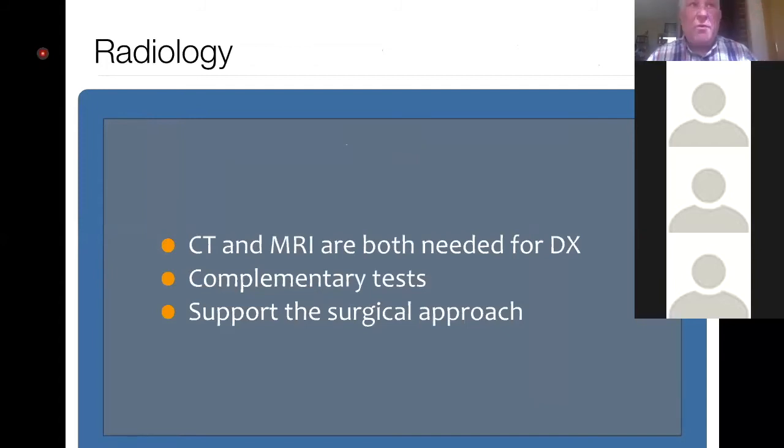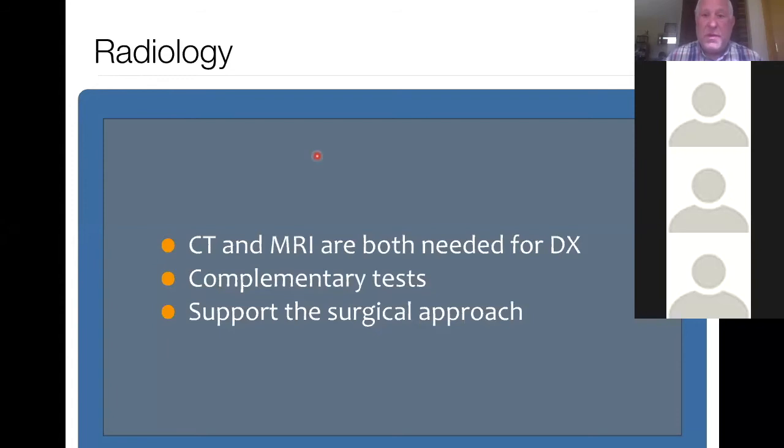Radiology. Well, the CT scan and the MRI are critical. You cannot have just one or the other. They are both needed for diagnostic purposes, and they're complementary to each other. And they support not only the diagnosis, but also the surgical approach.